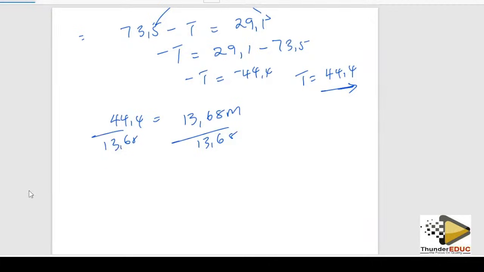When I do that, my m becomes 3,2456, which is the same as 3,25 kilograms. Okay, so that is that with that question.